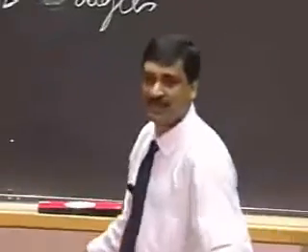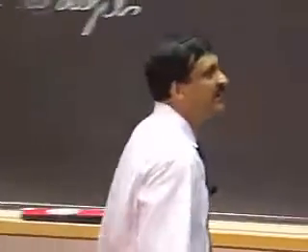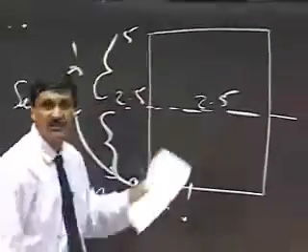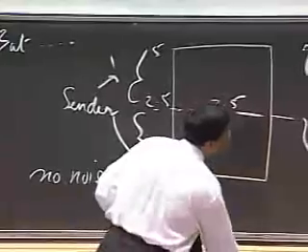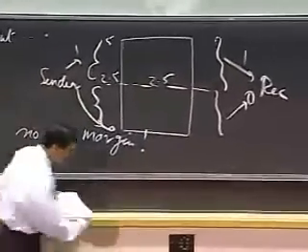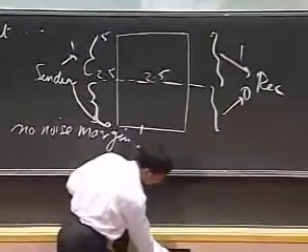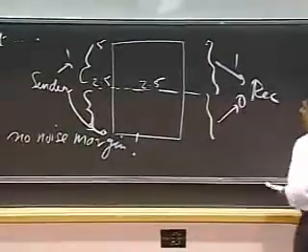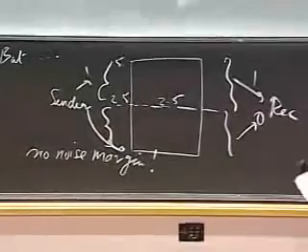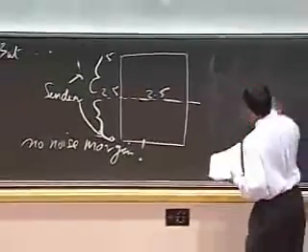Now what? What does the receiver do? The receiver cannot tell whether it's a 1 or a 0. The receiver gets hopelessly confused. So to deal with that, I'm going to fix this. What I'm going to do is the following.